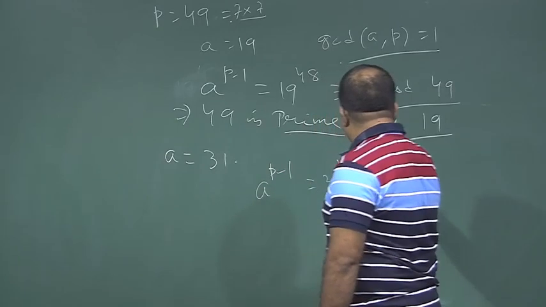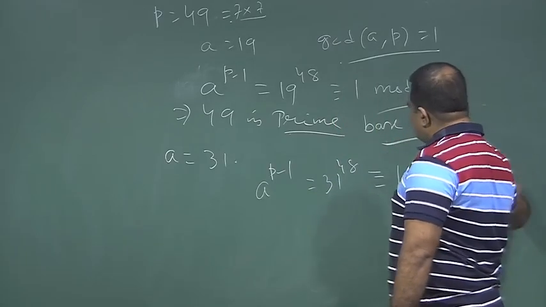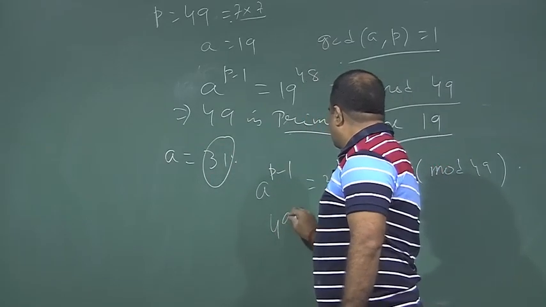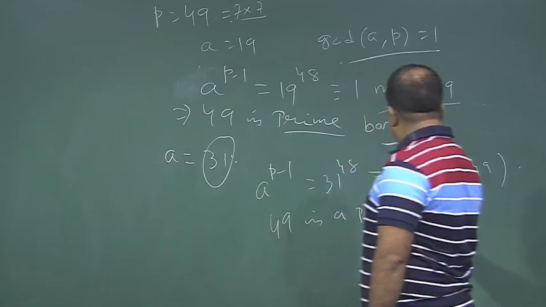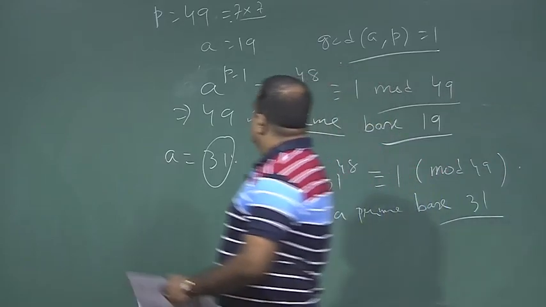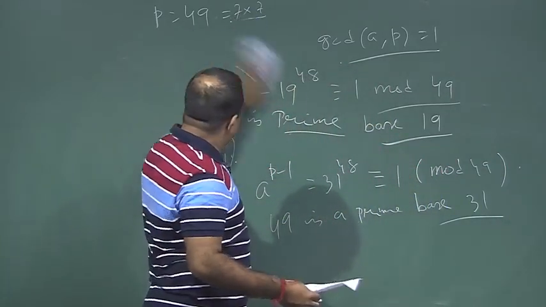So, this also you can verify, this is congruent to 1 mod 49. So, for this choice of a, this is also telling us 49 is a prime base 31.